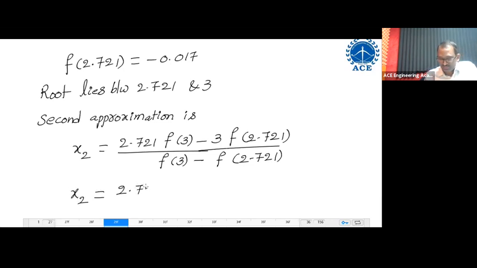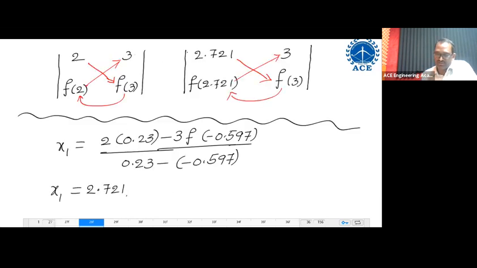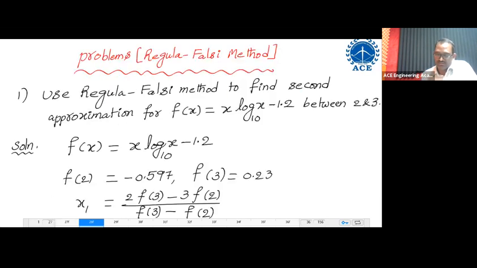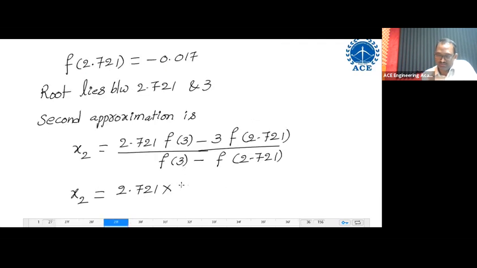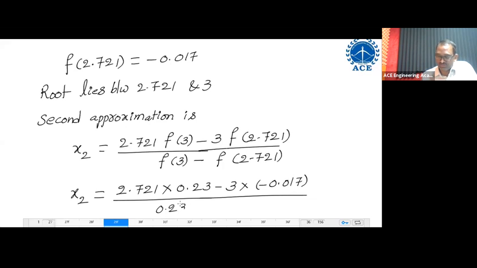This is 2.721 into f of 3, 0.23, minus 3 into f of 2.721, minus 0.017, by f of 3, 0.23, minus, 0.017.